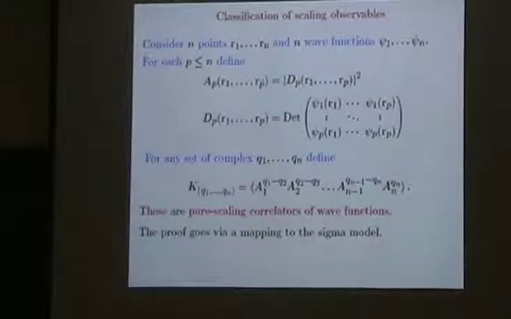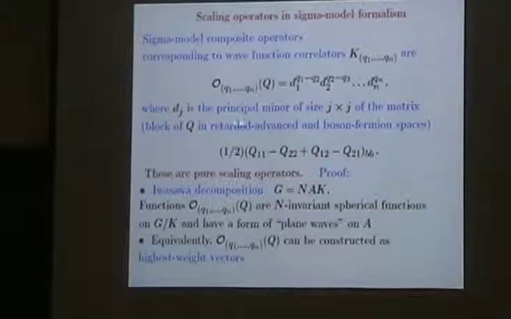To prove this, we go to the sigma model. We map these onto operators in the sigma model, and then show that the sigma model operators are pure scaling operators. So what are the corresponding sigma model operators?